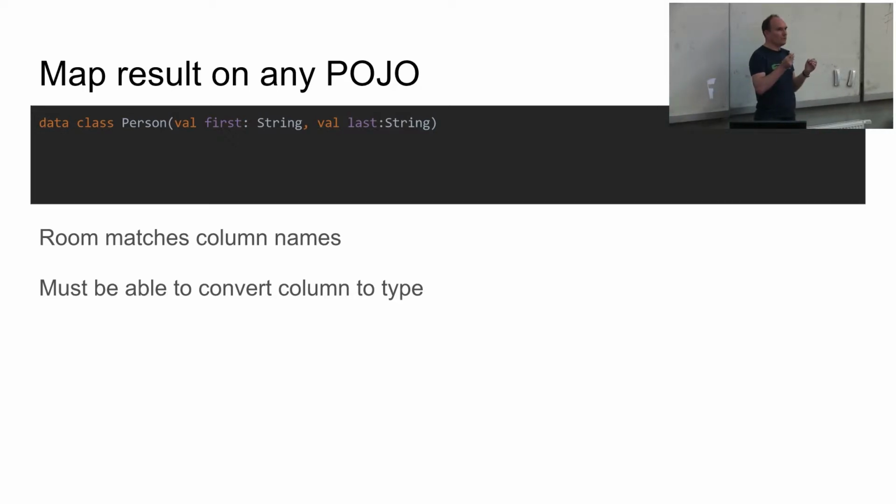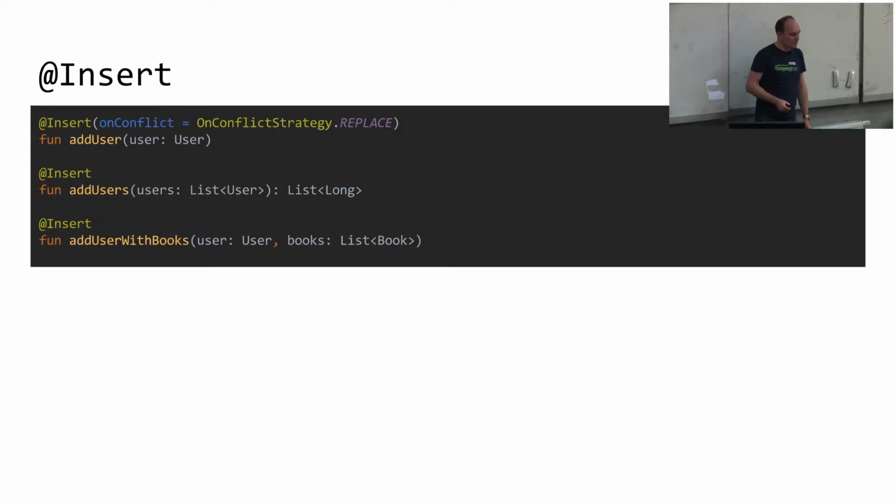And by being creative in your SQL query, you can basically map any result set on any Java or Kotlin object. And you also note, like I mentioned before, this is not an entity. You can't really store a person in the database, but you can map the user result back on the person object in this case. And Room will just match the column names, and it must be able to convert whatever is in the column back to your POJO as well.